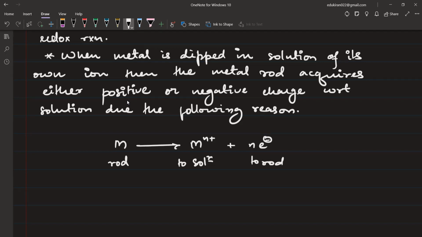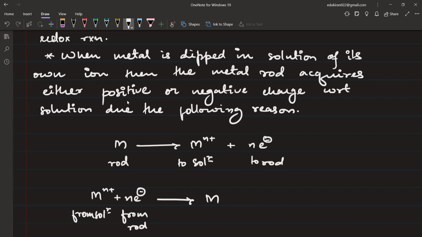Then we have the next case in which we have Mn+ plus n electrons. So Mn+ will be from solution, and this will be from rod. It will get converted to metal.